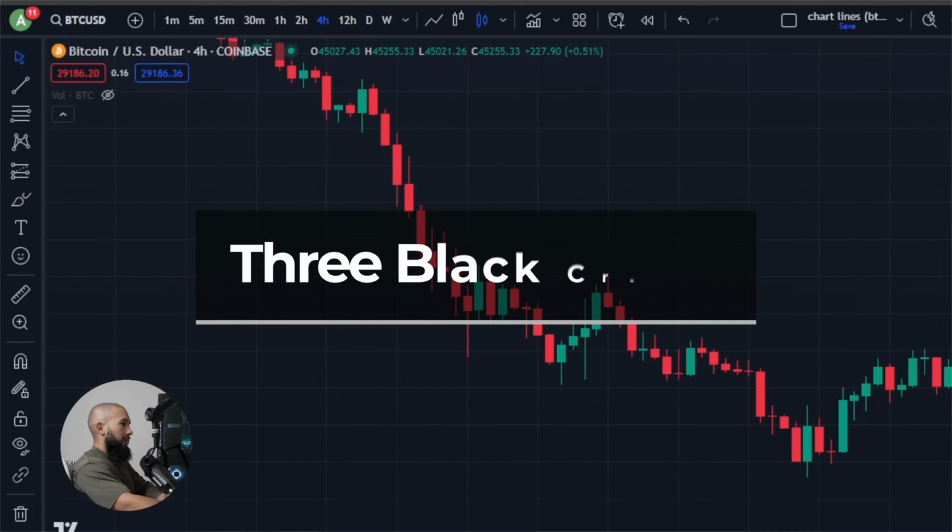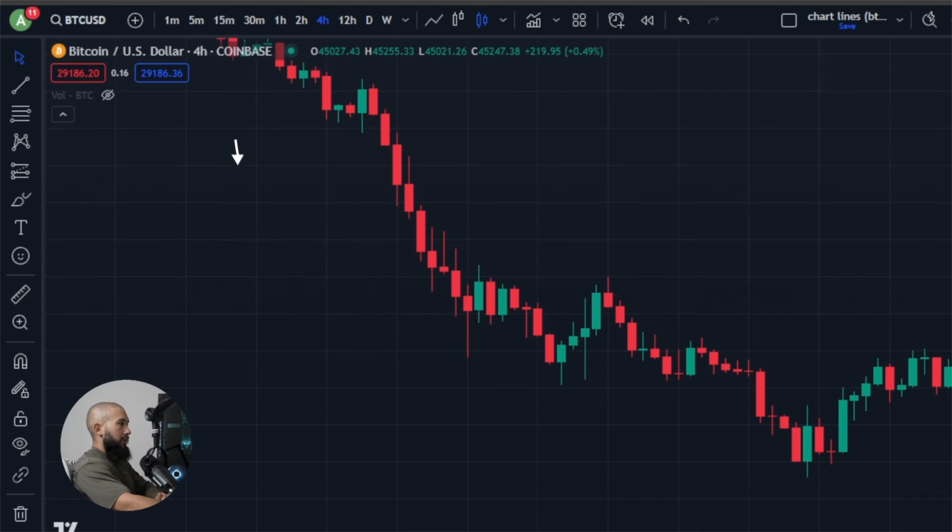All right, for the 3 black crows pattern trade setup, we're on the Bitcoin chart on the 4-hour time frame. Now you can see that we are in a large downtrend, and we have a small uptrend within the large downtrend. And then following the small uptrend, we have our 3 black crows that have formed. So you can see that each candle opening is lower than the preceding opening.